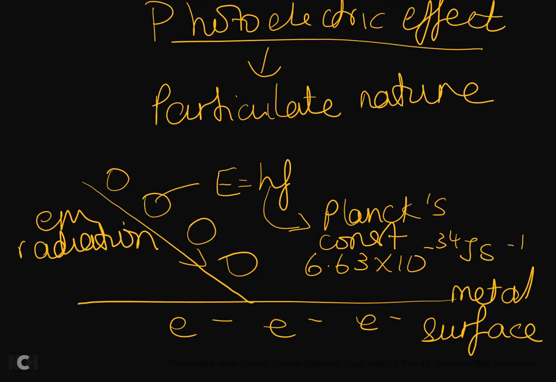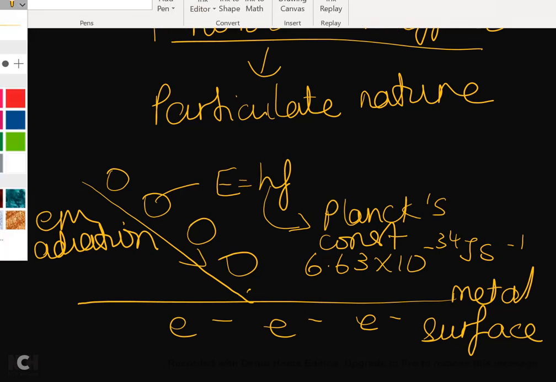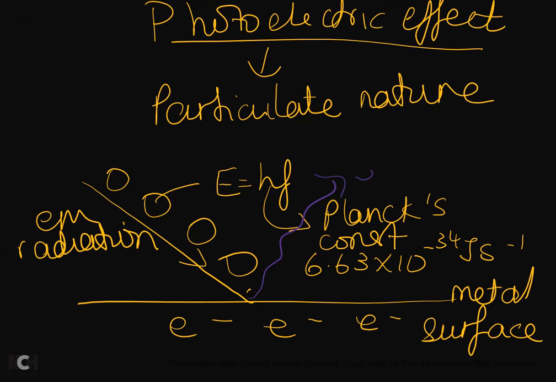Now here you will find that once you have a packet of energy incident on the metal surface, it absorbs that energy and uses it to release an electron. So from this, an electron is released.